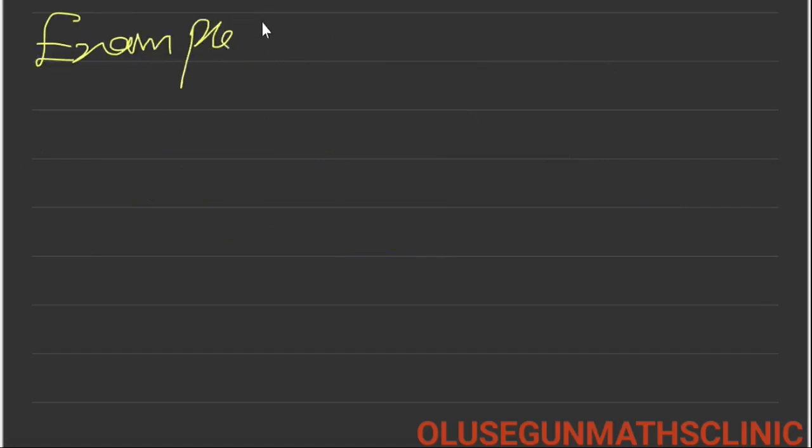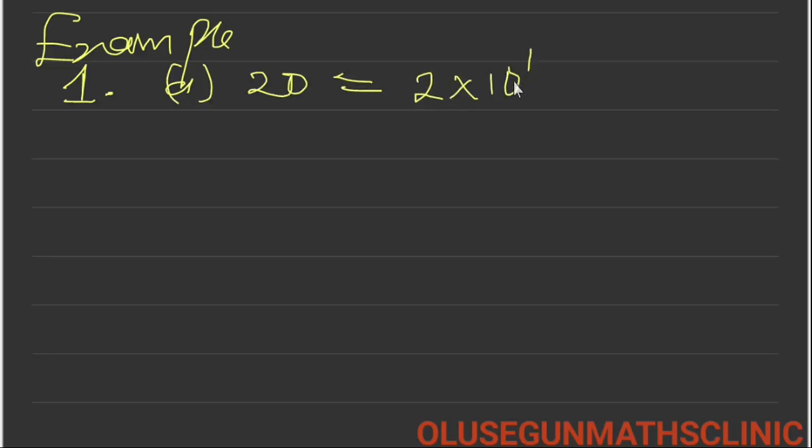Let me give example B. So now we have, for example, A is 20. 20 will be 2 times 10 raised to the power 1. Another form of a number is, let's say we have B, we have 200. 200 can be written as 2 times 100.